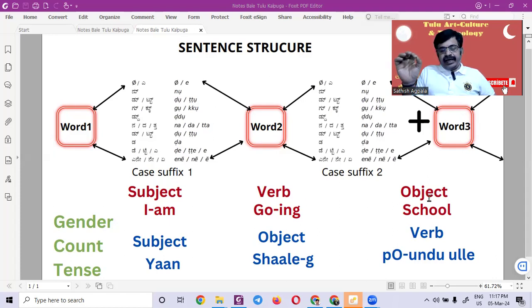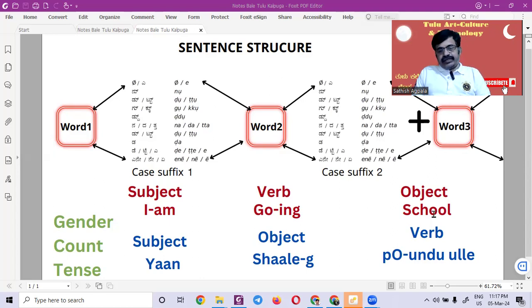For example, I am going to school. Subject I, go, school. These are the suffix cases. I am going. The main thing is subject, object, verb, where to put.